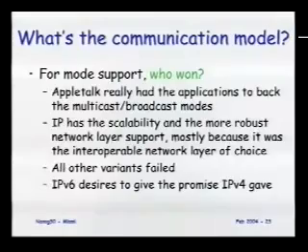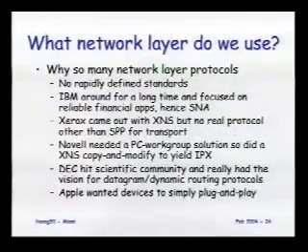It's one of the later protocols that came into the Internet suite. IP has the scalability and has the more robust network layer support because the whole world works on IP, not just one vendor. And you get the good and the bad associated with that. So I think all other variants failed. And I think IPv6 is trying to have the same promise as IPv4 gave, and that remains to be seen with more experimentation and deployment experience.